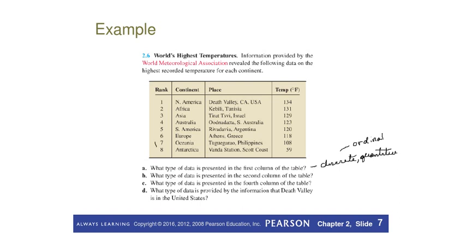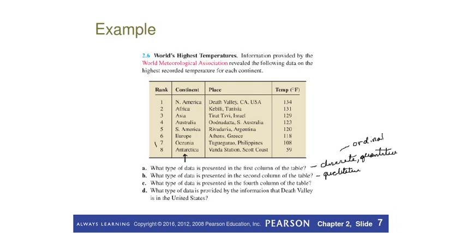Very interesting. So let's talk about our second column. What sort of data is presented here? Sure enough, this is qualitative data. The qualitative data in this case is a place, the continent. Qualitative data is the kind of data that gives us a quality.